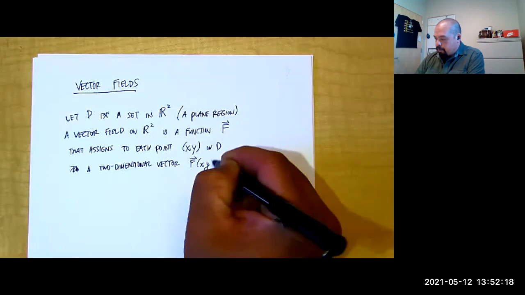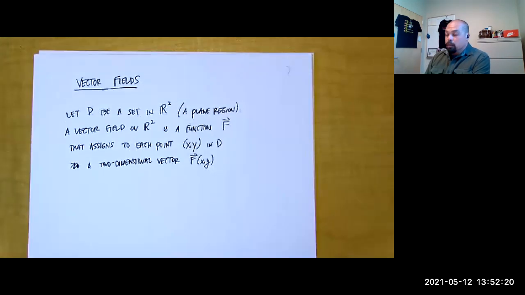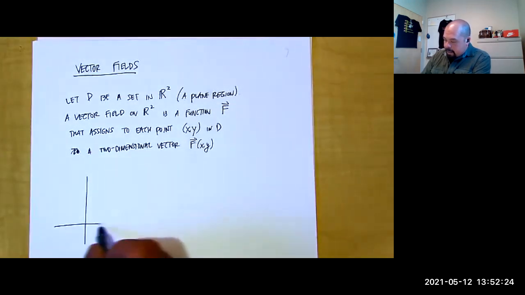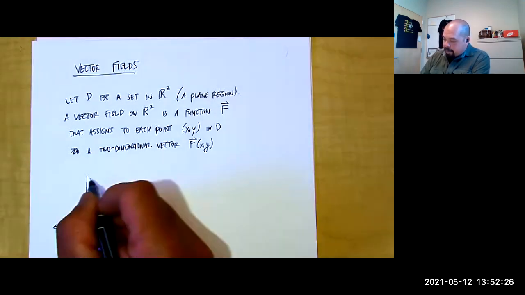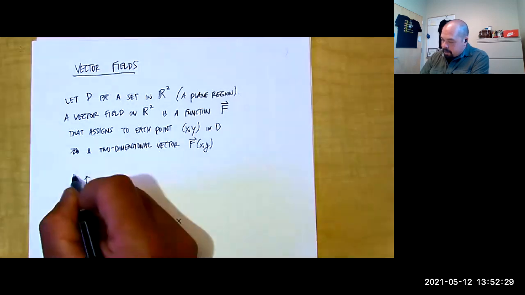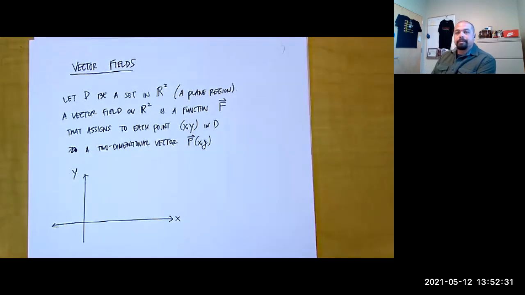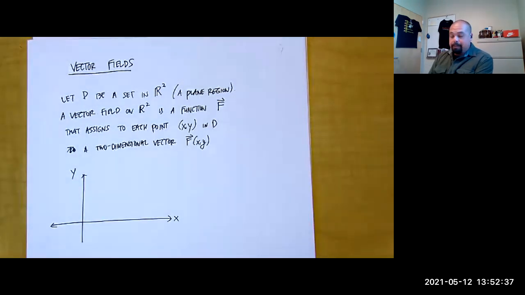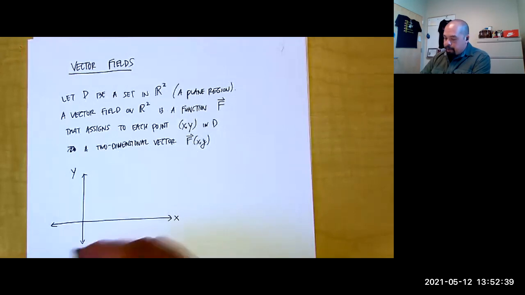F of x y, right? So what this idea is, is that in our R2 plane, we can take some region or we can take the entire plane as we go through, right?